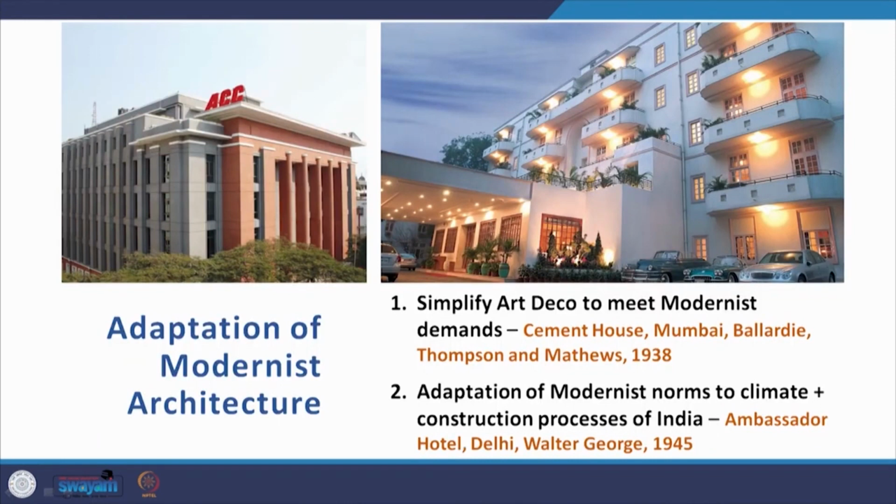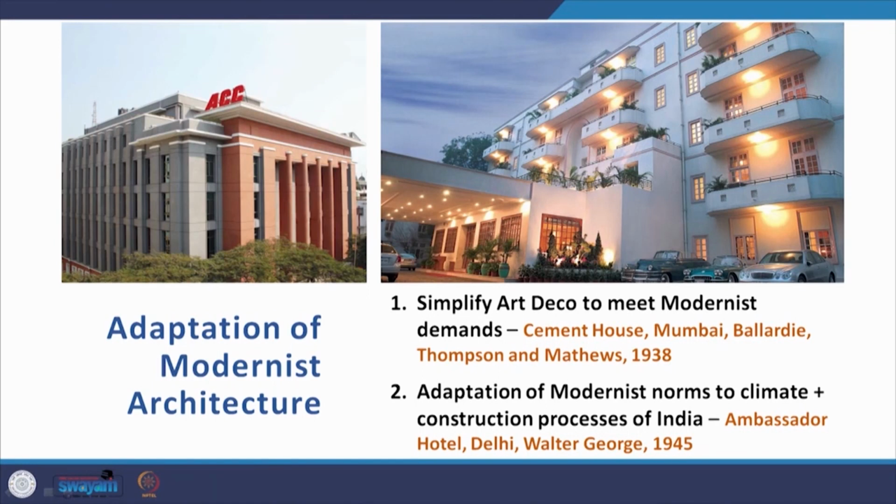And then the adaptation of modernist architecture in India came in two ways initially: by simplifying Art Deco to meet modernist demands. As we saw last time, Art Deco had formed a very important set of buildings in Mumbai, and this Art Deco then added on a modernist identity.